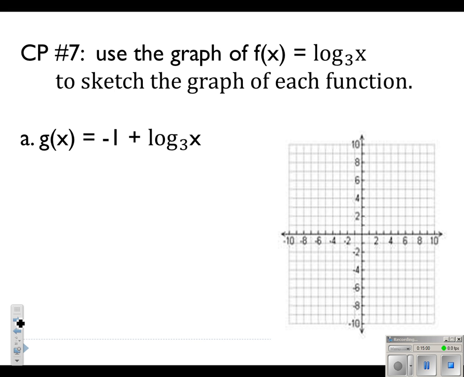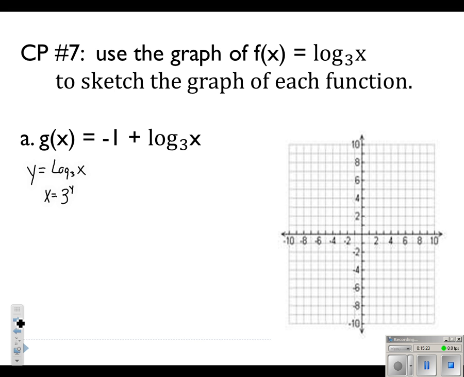All right, so if we're going to go along with the log base 3 of x and a minus 1, looking at values and putting this in here, log base 3 of x would be rewritten as x is equal to 3 to some power of y.